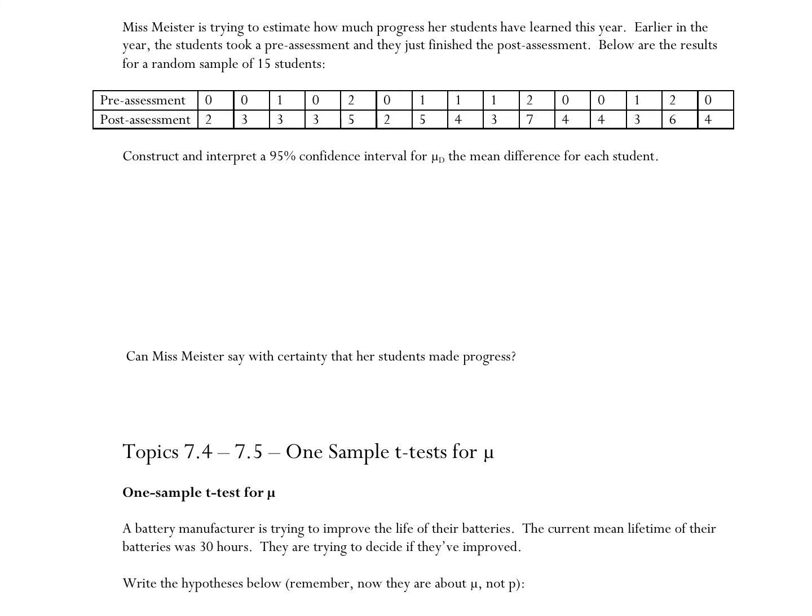I think everyone improved. If I wanted to estimate on average what people improved by, what should we do with each of these numbers? Subtract the pre from the post. So we're going to come up with a quick calculation of post minus pretest. Okay?